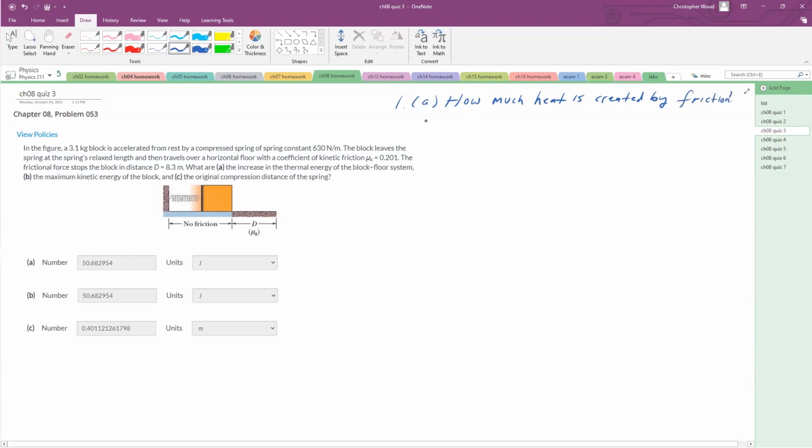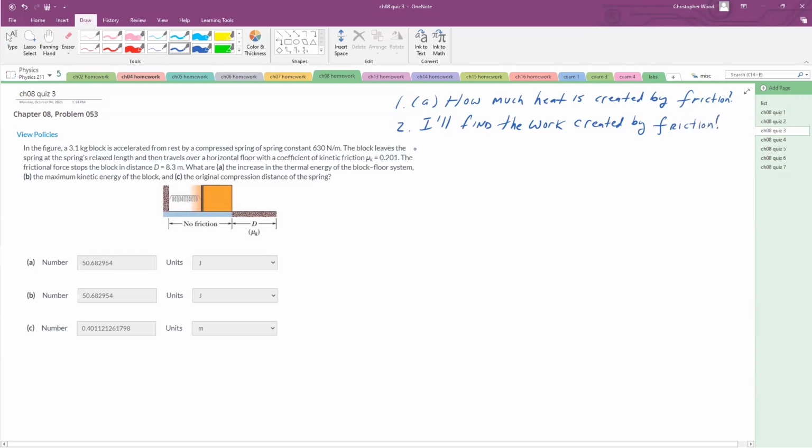So we have to get smart about friction here. Here's my first thinking. I'll find the work done by friction, because when friction does work, it creates heat. And I know I'm an expert at this point.